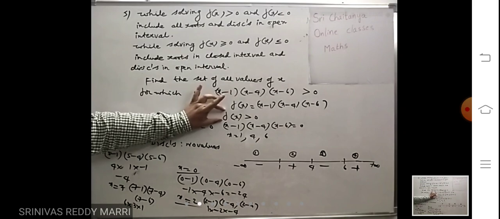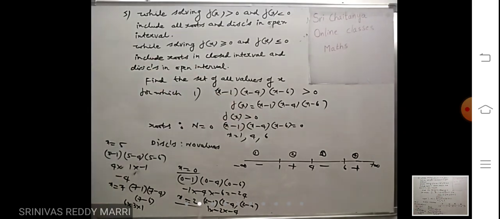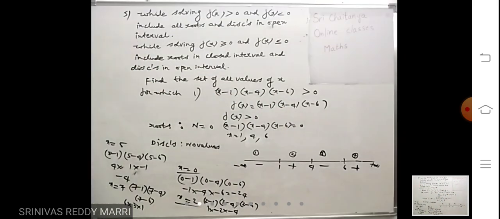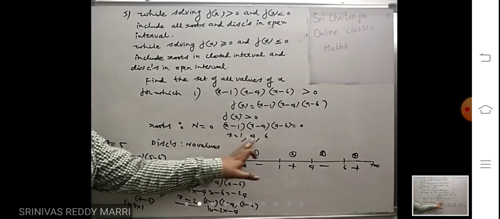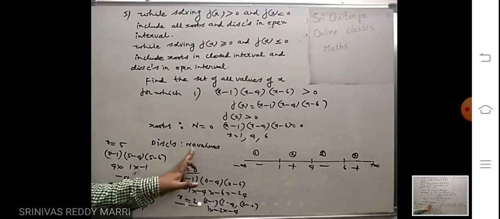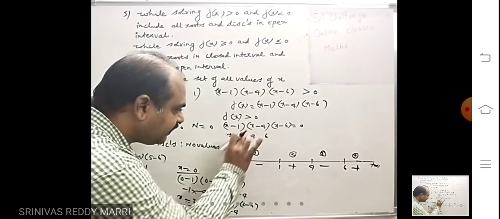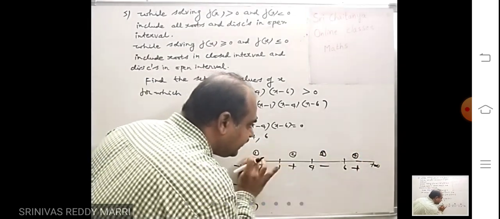I will explain again. First step: you have to solve f of x greater than 0. Take the left hand side as f of x. Find roots and discontinuities. Roots mean numerator equal to 0. There are no discontinuities. Mark the x values on the real number line.